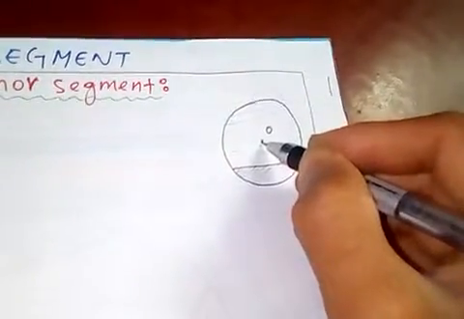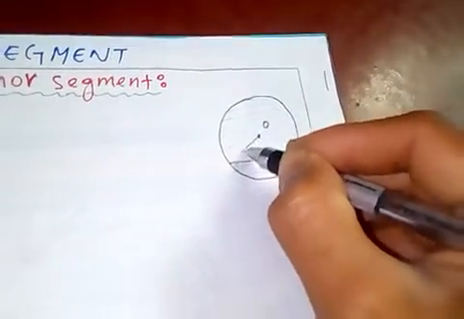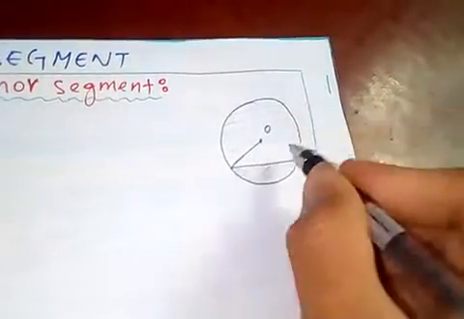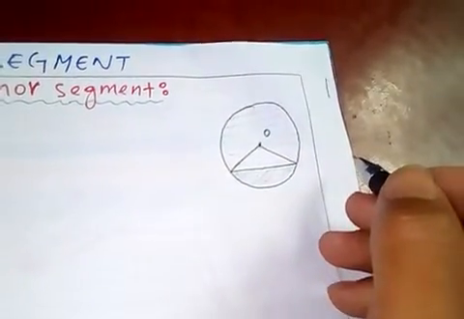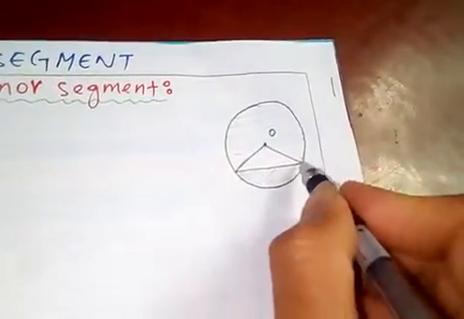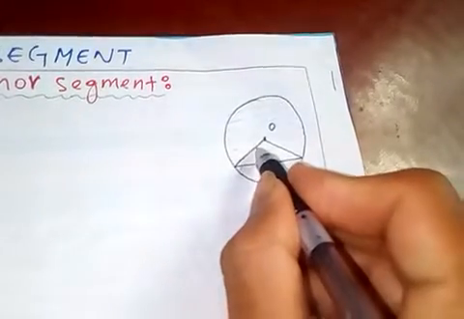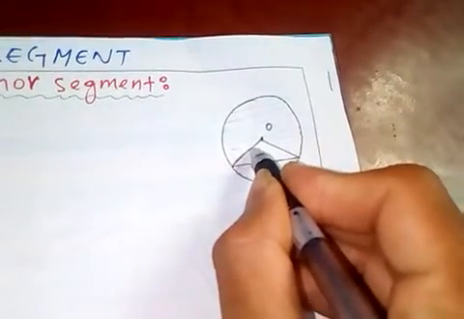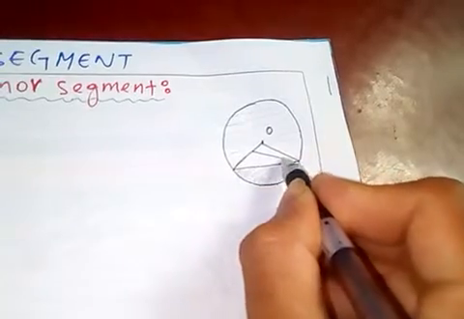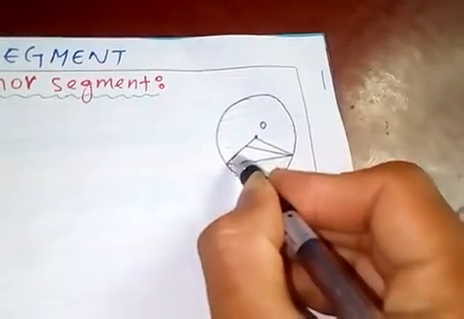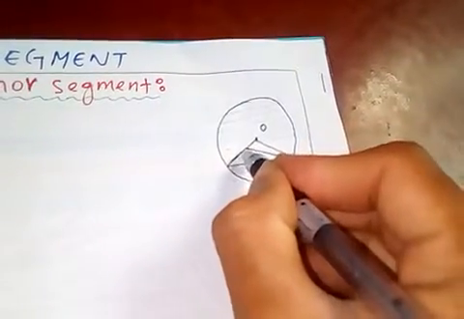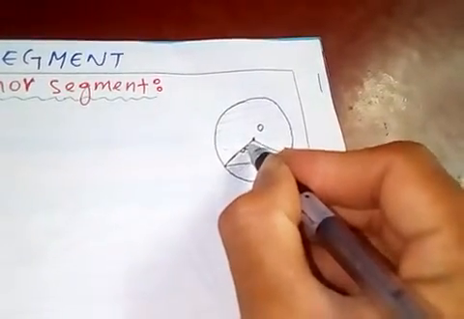So through this, join these two, and after that join this one. Now through this, let's draw one perpendicular line. You can use a scale, but let's say this is 90 degrees, because it is perpendicular.